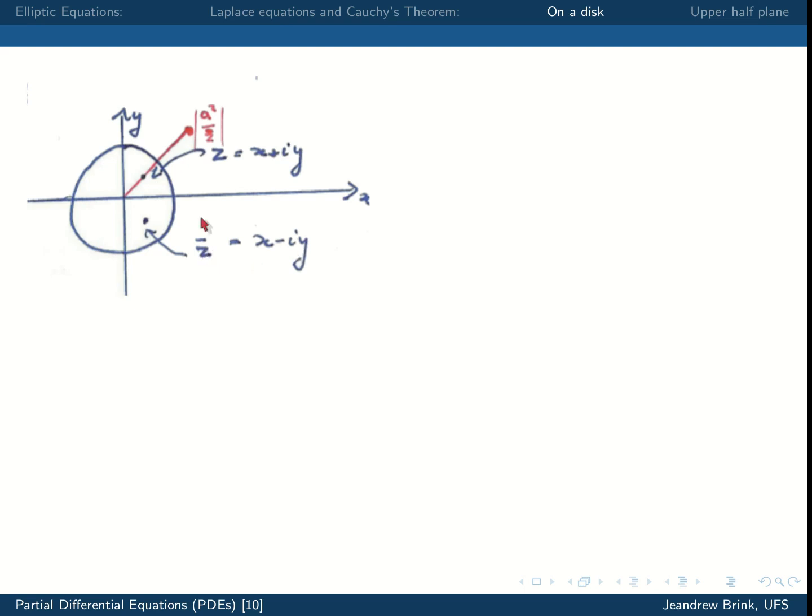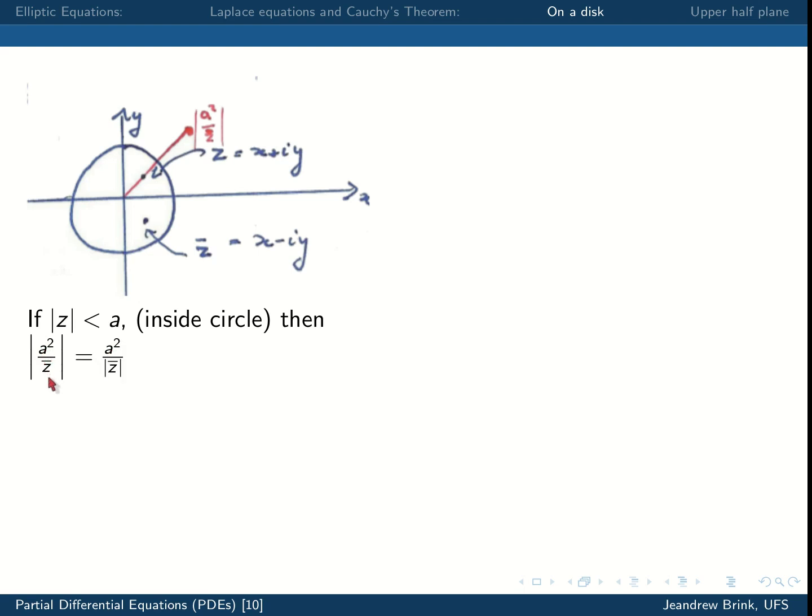But a squared over z bar lies outside of the disk. Okay, so let's just see why that is. If the norm of z is less than a, in other words, it lies inside the circle, then a squared over z bar lies outside the disk, and we're going to show that by simply showing that this norm is greater than a.